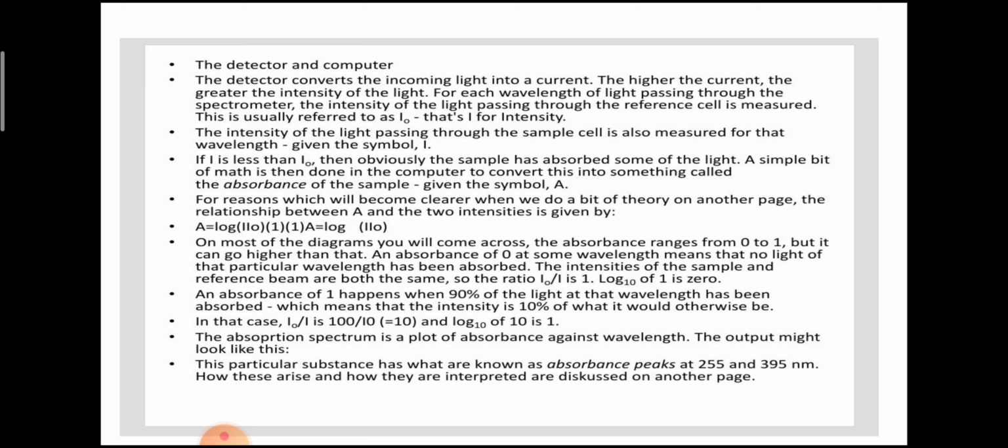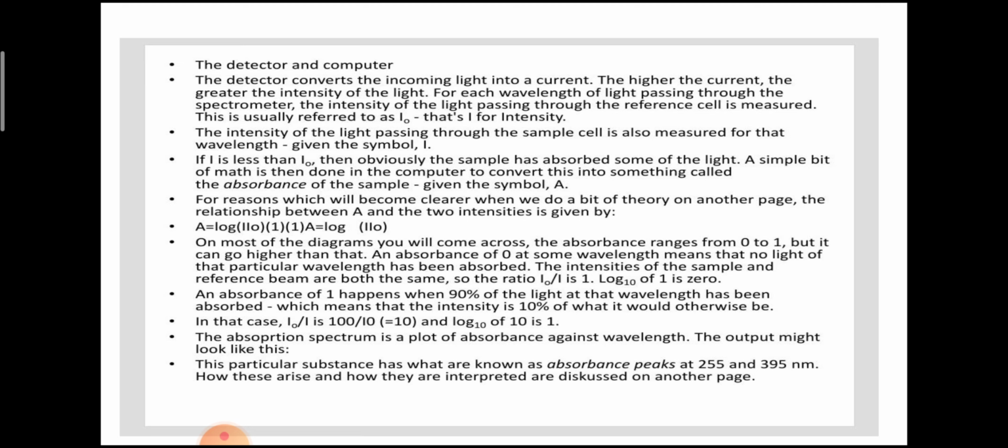This is usually referred to as I0, that is I for intensity. The intensity of the light passing through the sample cell is also measured for that wavelength, given the symbol I. If I is less than I0, then obviously the sample has absorbed some of the light.